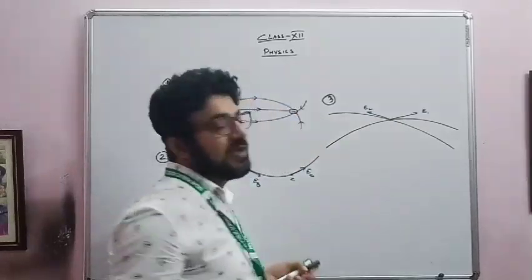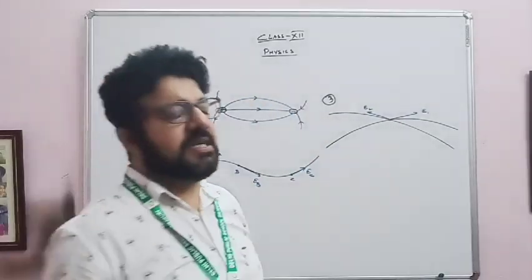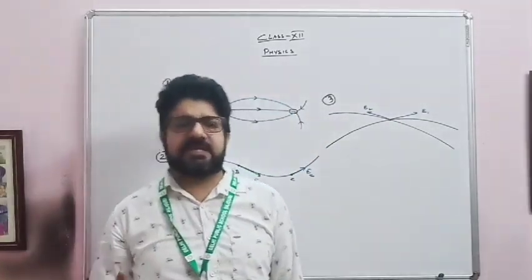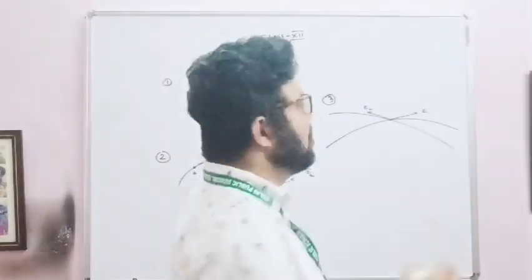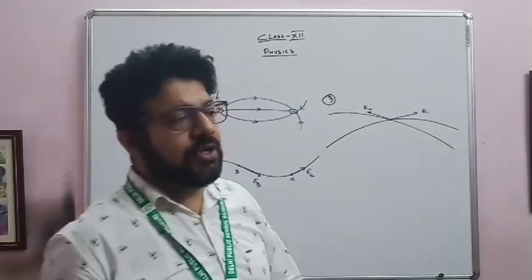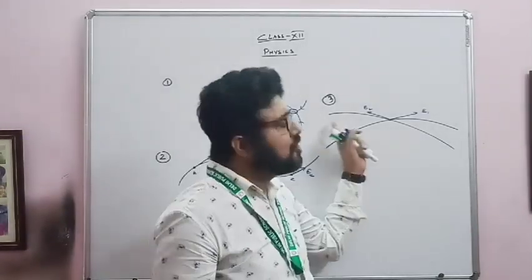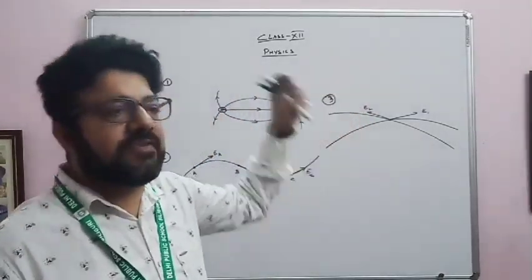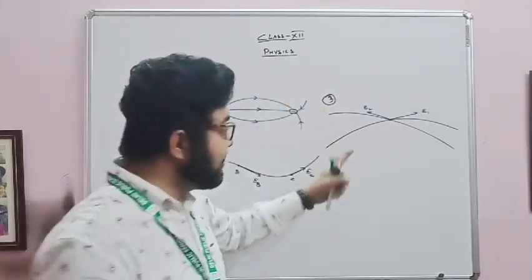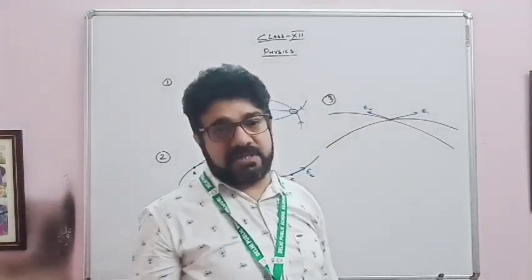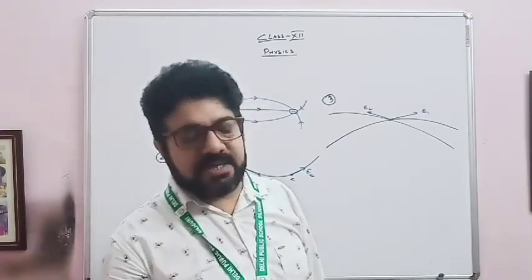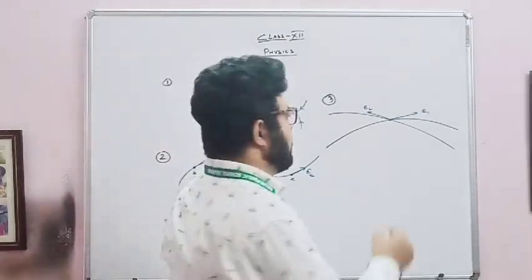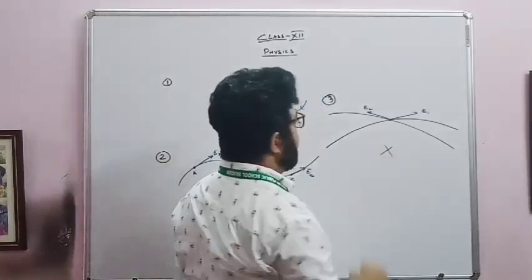But we know electric field is a vector quantity, so for a particular point you have one particular direction; two directions are not possible. So the third property is that two electric field lines never intersect each other. If they intersect, at the point of intersection we have two directional electric field, which in practice is impossible.